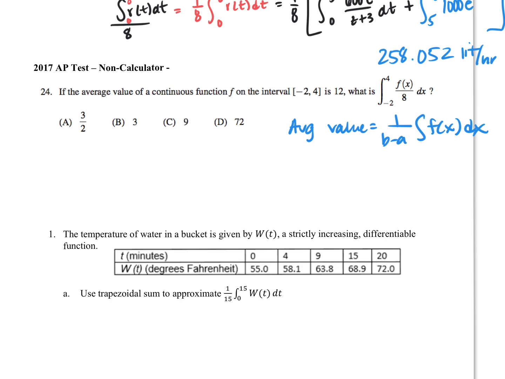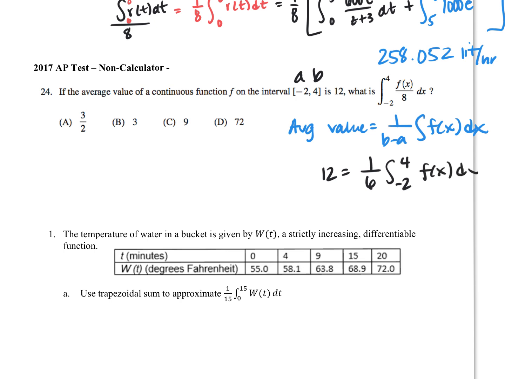Did they tell us what the average value is in this problem? Yeah. What'd they tell us? 12. So I'm going to put 12 on the left side equals 1 over, what would my b minus a get me? Because this goes from a to b. b minus a would be 4 minus negative 2, which is 6. And then the integral from negative 2 to 4 of f of x.